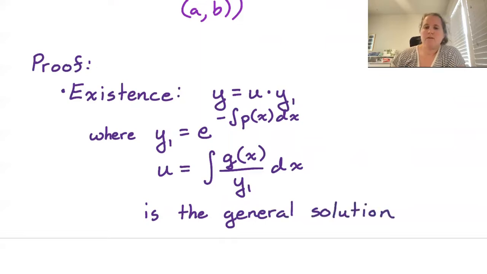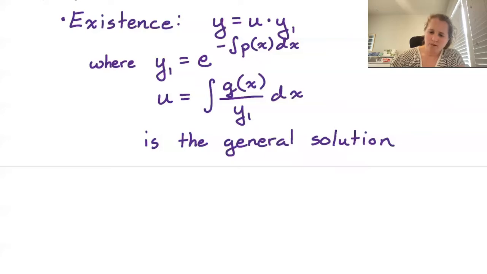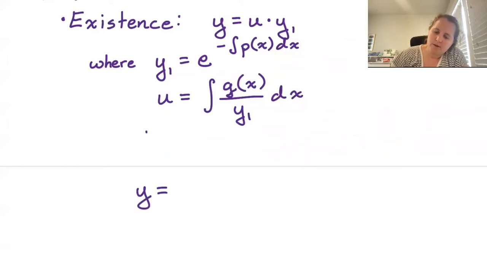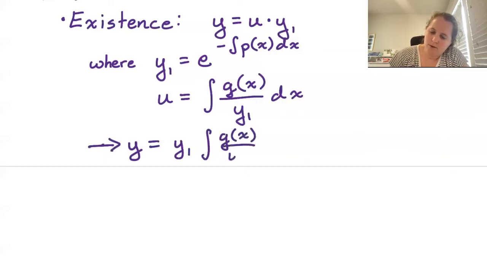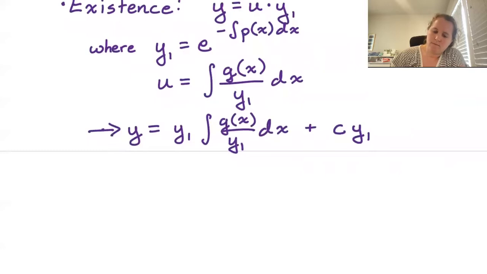So y therefore was equal to y1 times the integral of g of x over y1 dx plus c times y1 is the general solution.